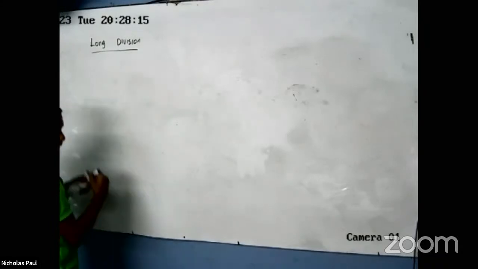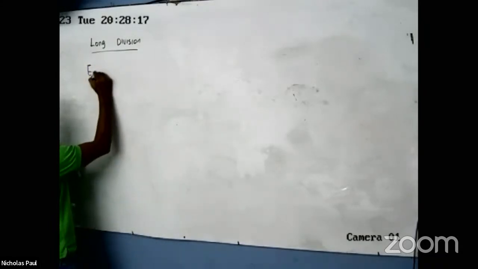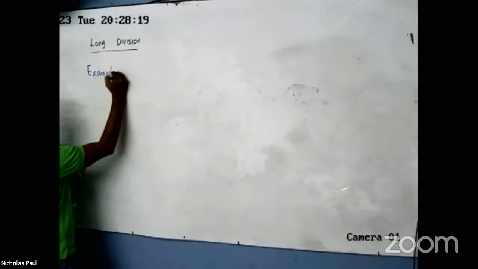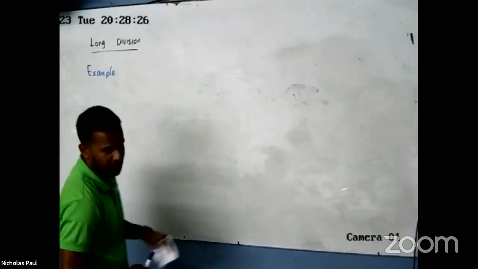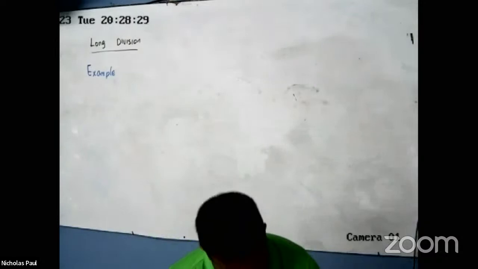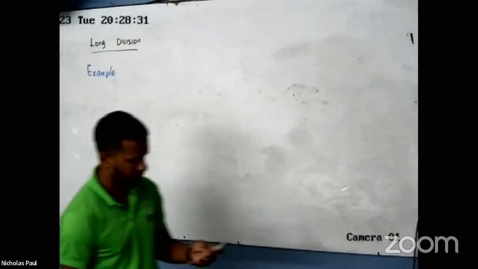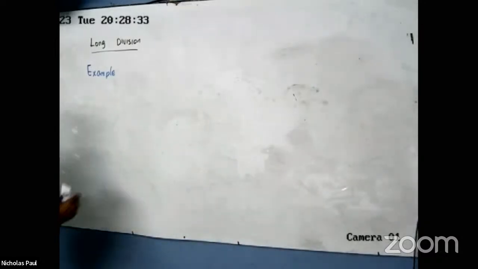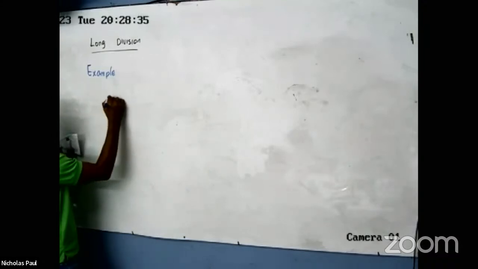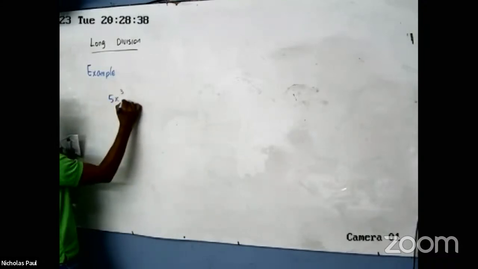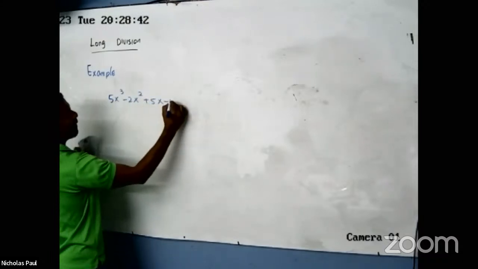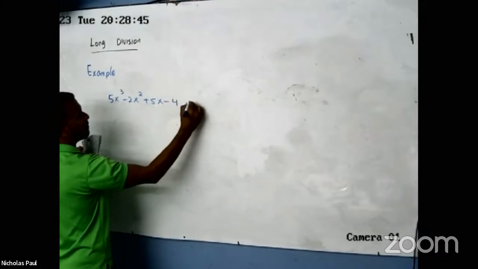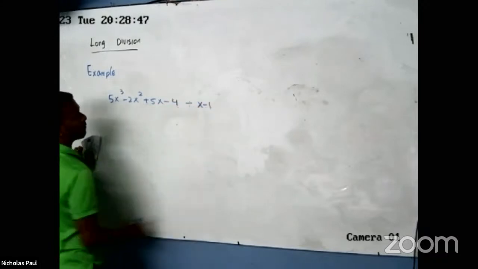Right, so suppose now, in our first example, suppose I ask you to take 5x cubed minus 2x squared plus 5x minus 4 and divide it by x minus 1.